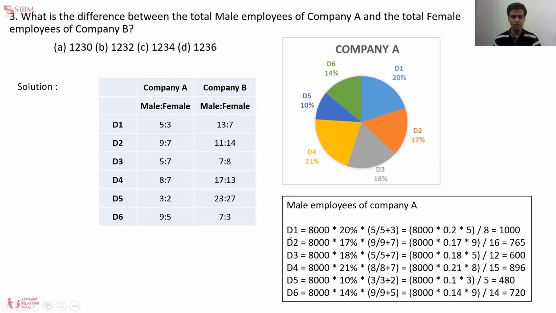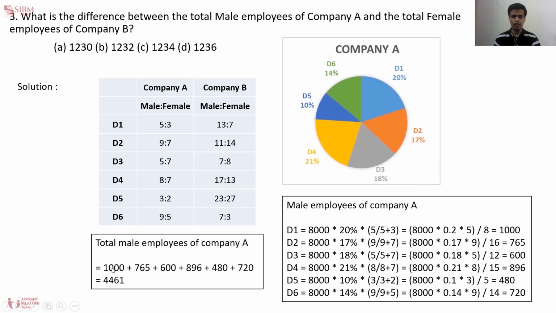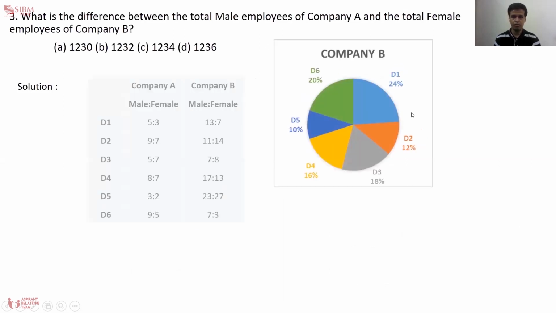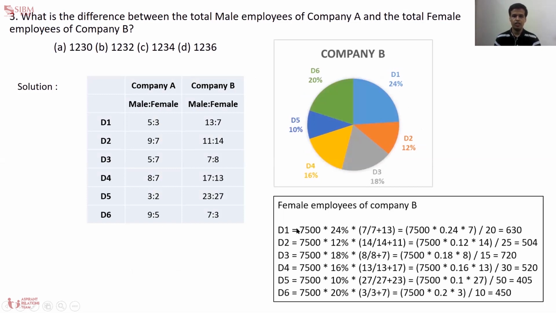Following a similar method, we calculate the number of male employees in each of the departments D2, D3, D4, D5, and D6 of company A, and we thus get a total value after adding all of them as 4461. Moving on to the next part of the question, we have the pie chart of company B, our table of ratios, and calculation of female employees of company B. Starting with department D1, the total number of employees in company B is 7,500.